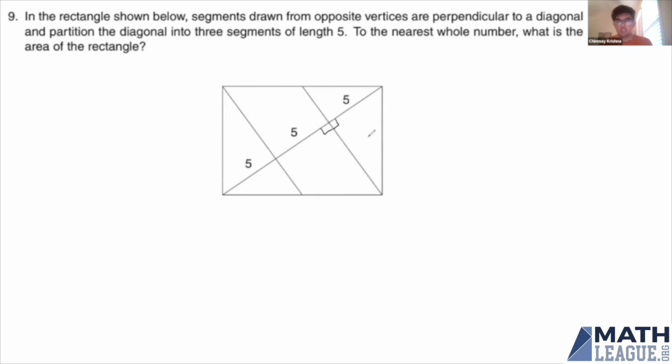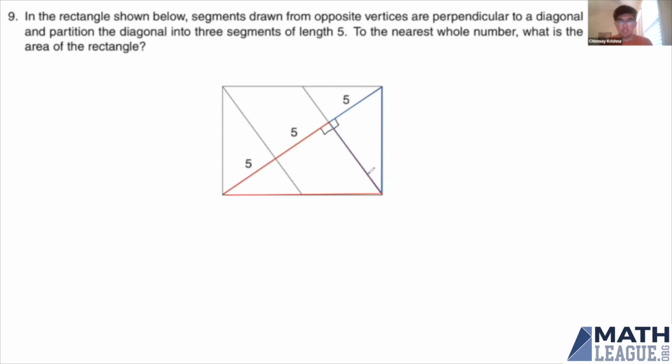So what we can do is look at a couple triangles here. Let's look at this triangle that I'm highlighting in red, and another triangle right next to it, I'll color it in blue. We can say that they're both similar since they have the same angles.